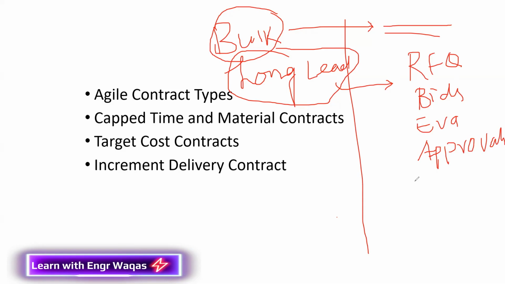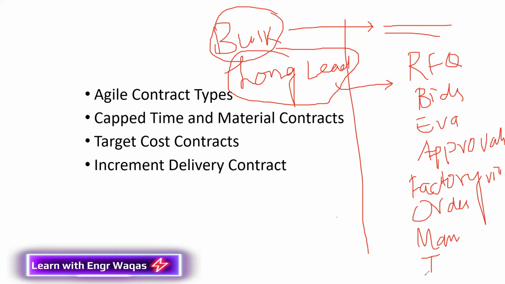And then site and factory visit, which is also an important thing, to test the things, and then ordering, and then manufacturing starts. This is about long lead items. And then factory test, and then shipment. This is the procedure. Then customs clearance, then delivery on site. So that is actually the industry-based process.